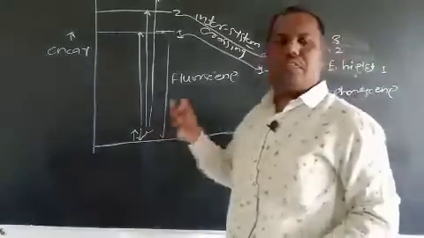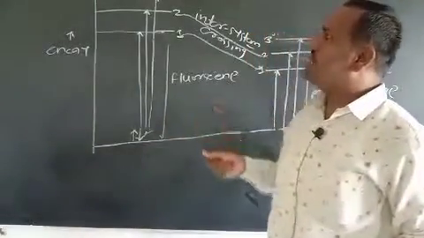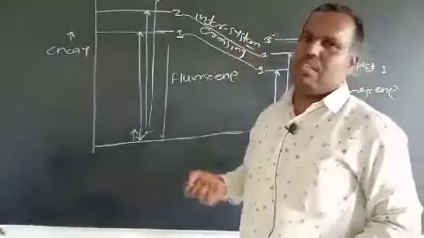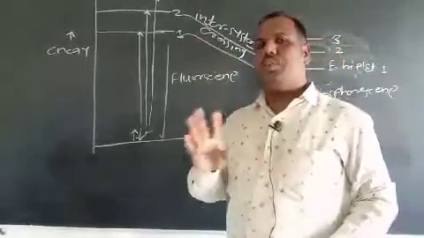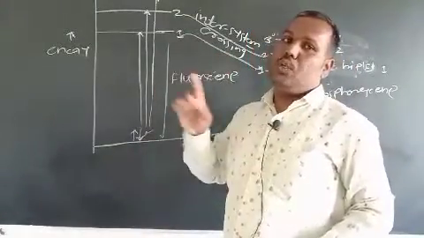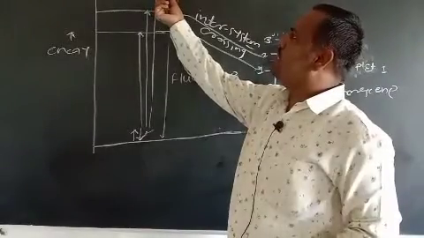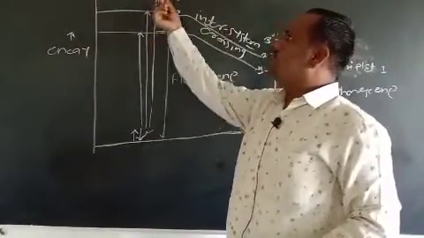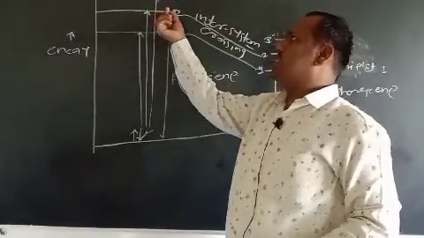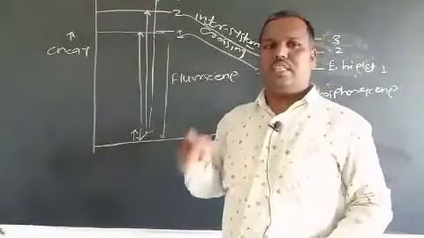Another important process of deactivation is internal conversion. In internal conversion, there is no change in spin multiplicity. It is a non-radiative process. So when a molecule present in excited singlet third goes into the excited singlet second, or second to first, then it is called internal conversion.